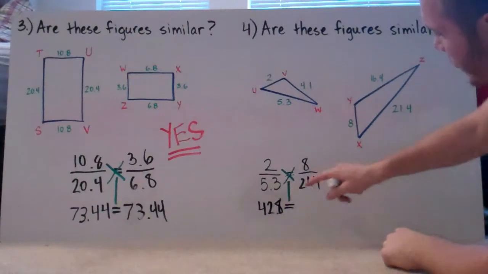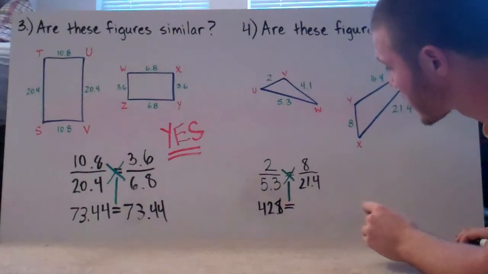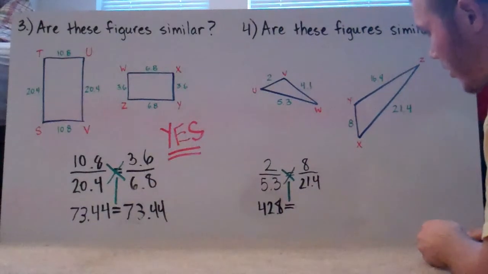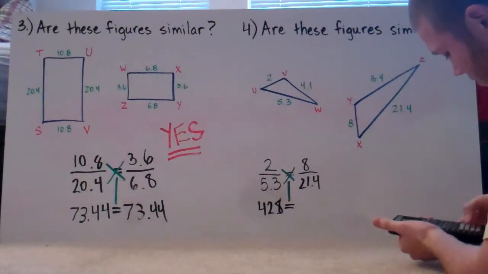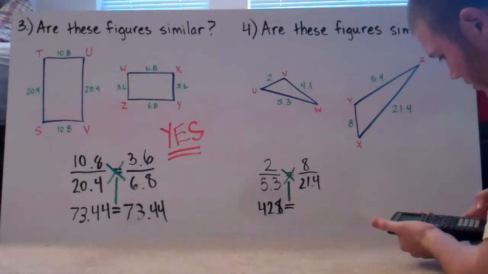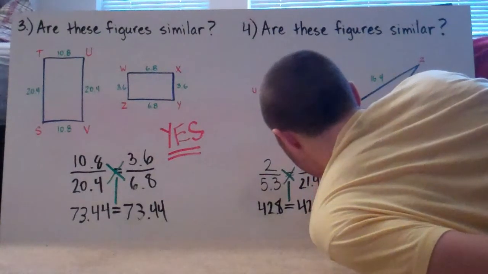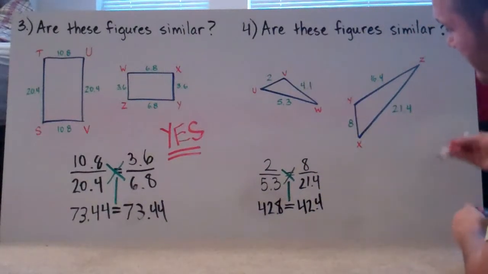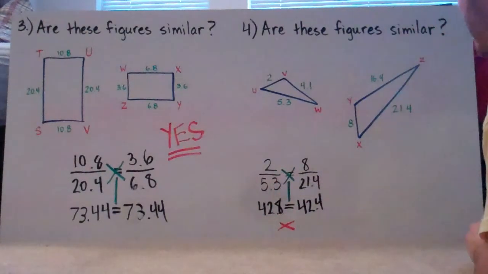And then when I do 5.3 times 8, I get 42.4. Those are not equal to each other.